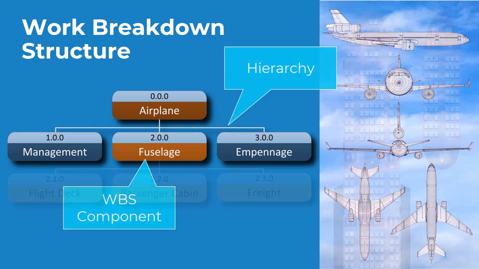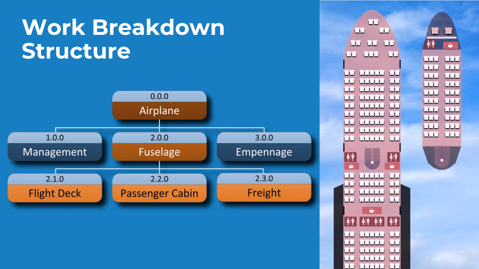The decomposition continues by breaking each of these components down further. In our example here, the fuselage is broken down into the flight deck, passenger cabin, and freight area. However, you cannot really tell someone, here, build the passenger cabin. It's still way too big. You must go deeper.